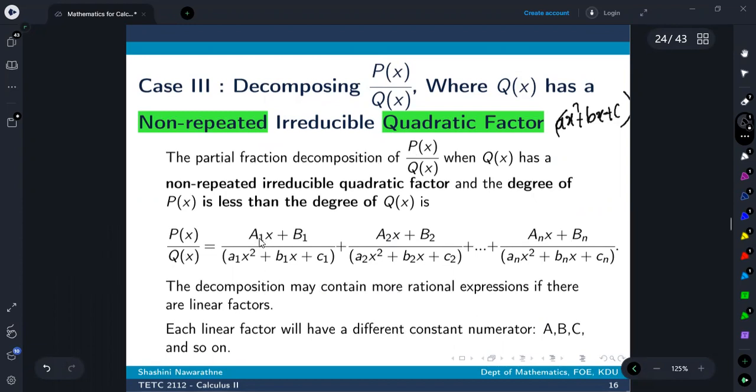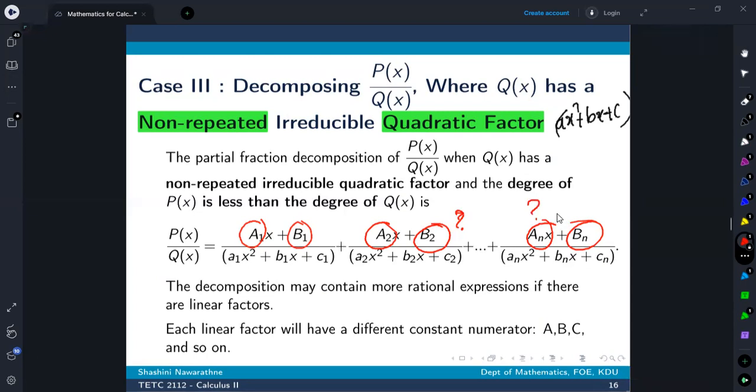So we can write the denominator as (a1x plus b1)(a2x plus b2) up to (anx plus bn), likewise. And here the constants capital A1, B1, A2, B2, An, Bn are some unknown constants, and we are asked to find those constants. That is what we are going to do under this case 3.